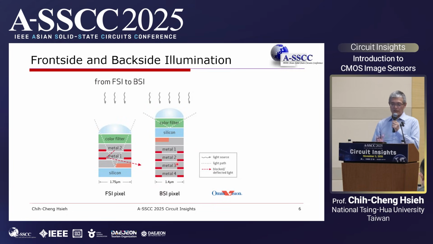By doing so, all the drawbacks or downsides of the FSI have been improved. So far, the high-end imagers are all using the BSI architecture. For sure, this needs a very specific process, and only a few manufacturers can do this kind of architecture.